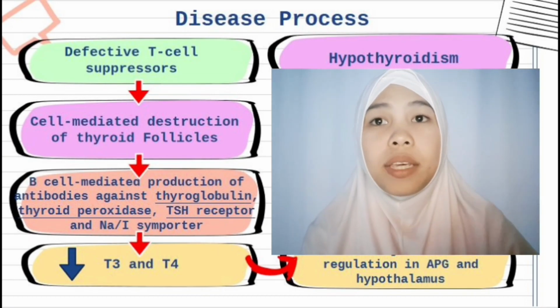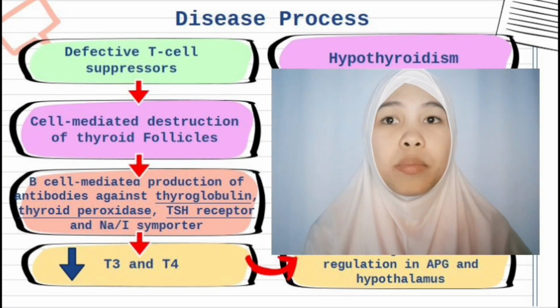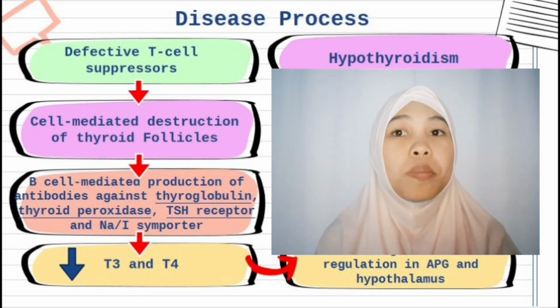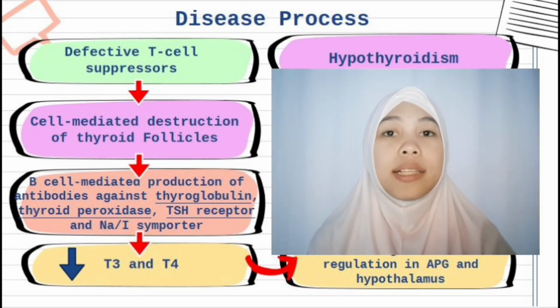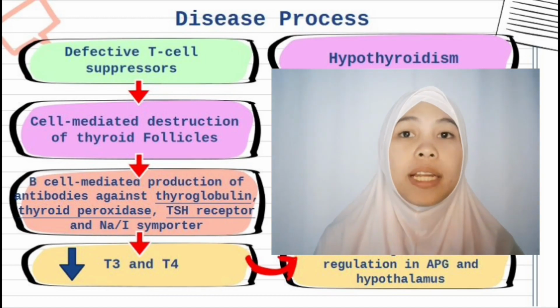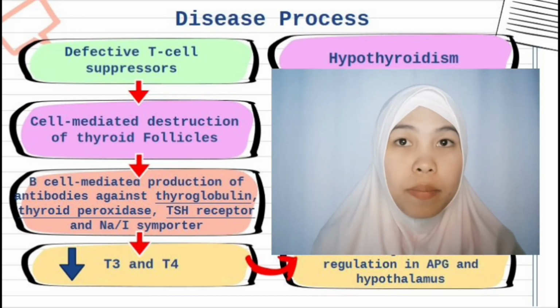And then it will lead to B cell mediated production of antibodies against thyroglobulin, thyroid peroxidase, TSH receptor, and sodium iodine symporter.